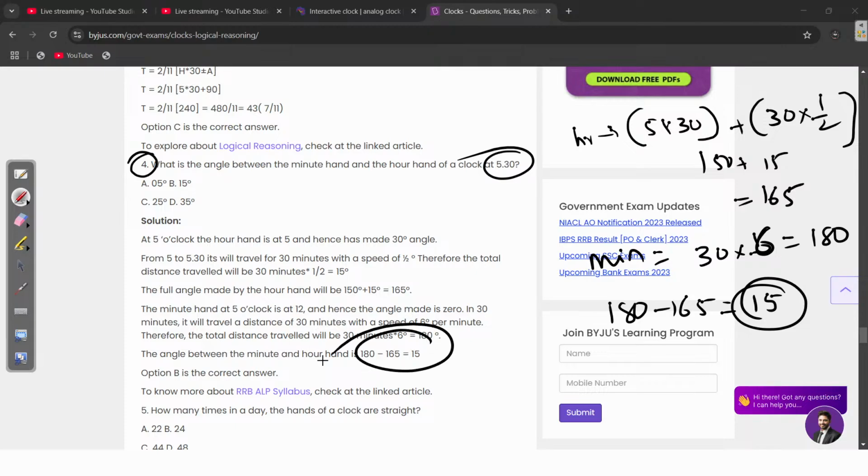I hope the first two models are clear. The first model is finding out the angle, and the second one is the overlapping case. We will now move on to the third model so that you can solve the remaining problems also. If it is clear till now, please type clear. We will move on to the third model. I will wait for 1 minute for you to respond, then I will go to the next model.